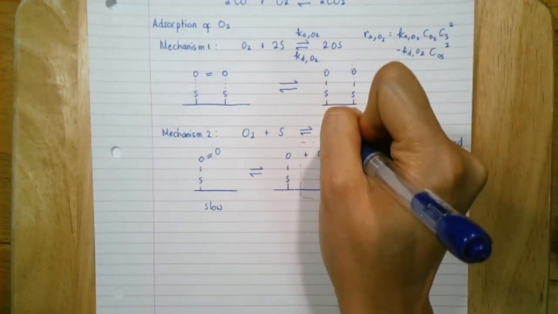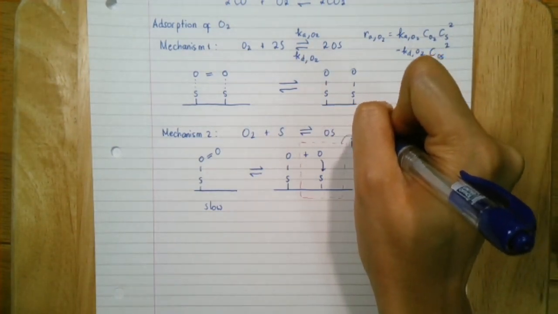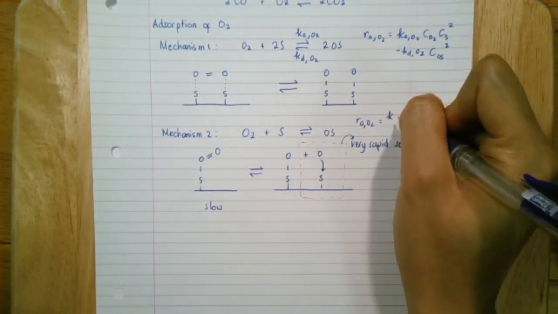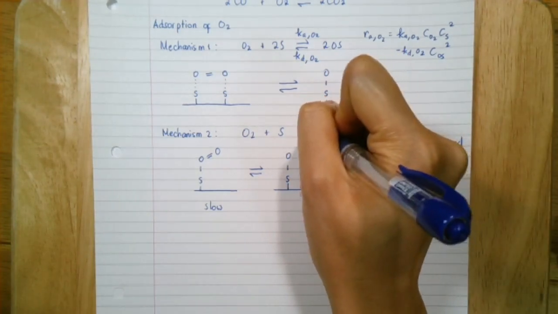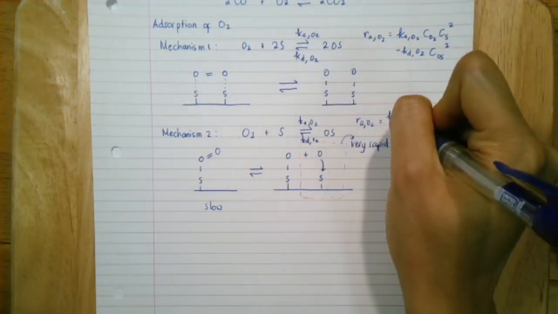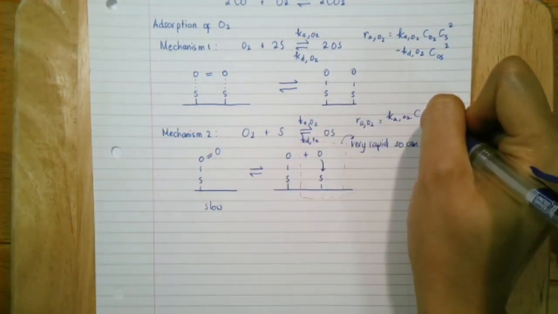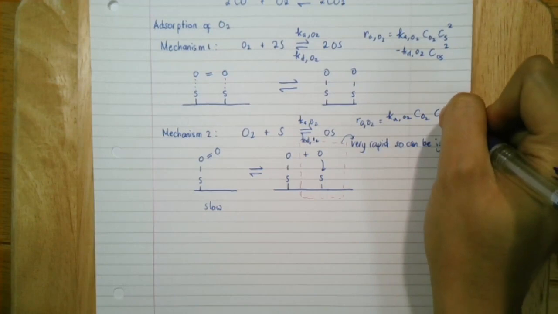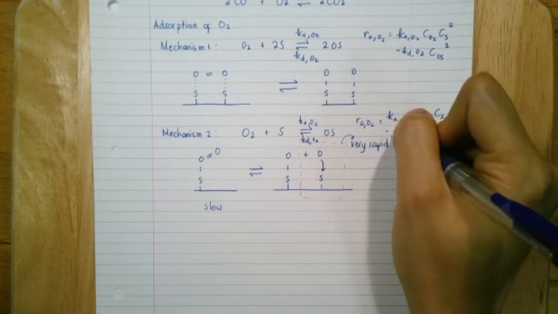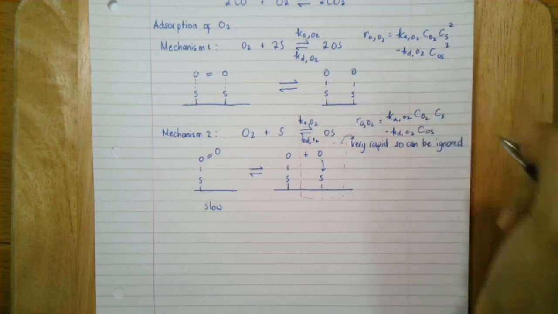And the rate of adsorption of O2 using this mechanism is equal to KaO2, the rate constant for this, and KdO2 for this one. So KaO2 times the concentration of O2 times the concentration of the vacant sites, minus the reverse rate, which is KdO2 times the concentration of OS.